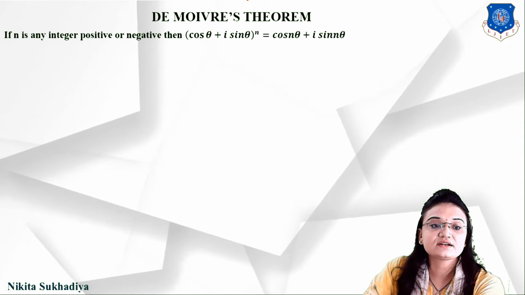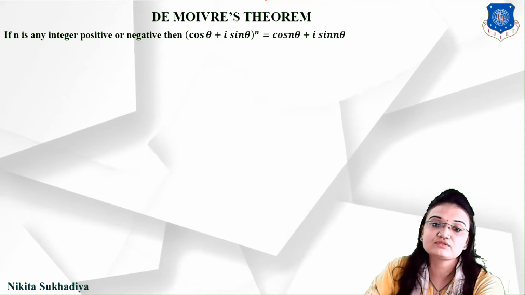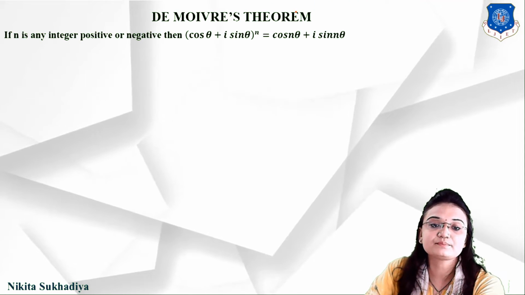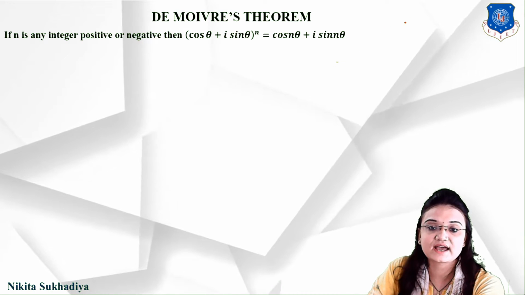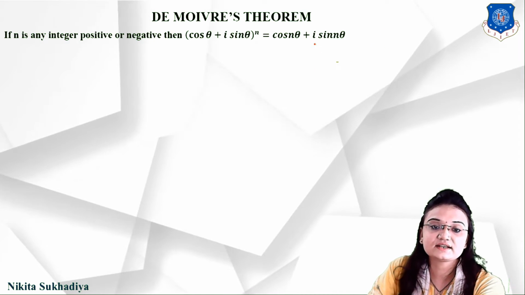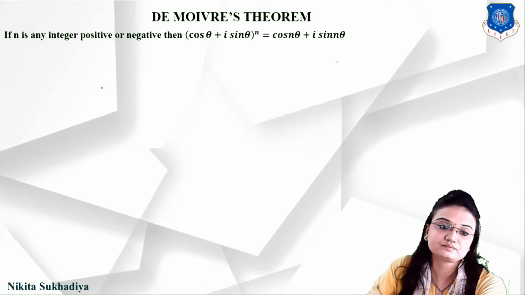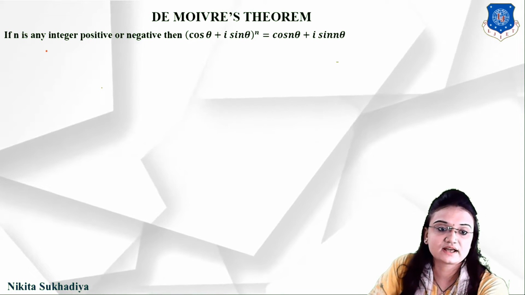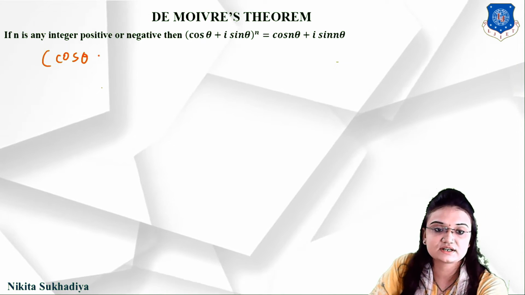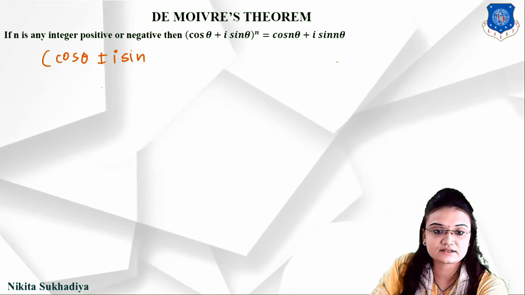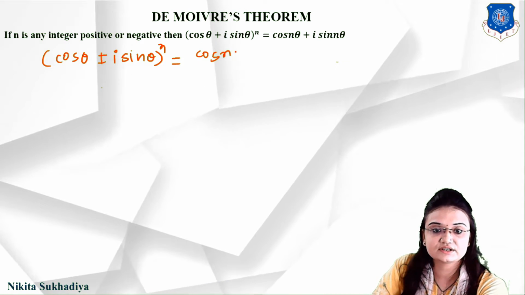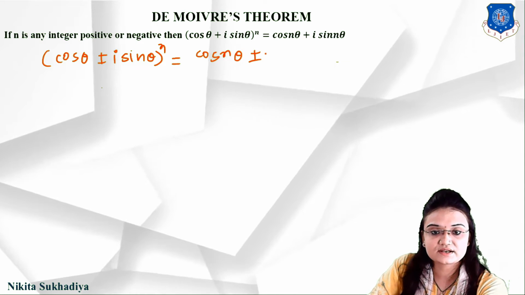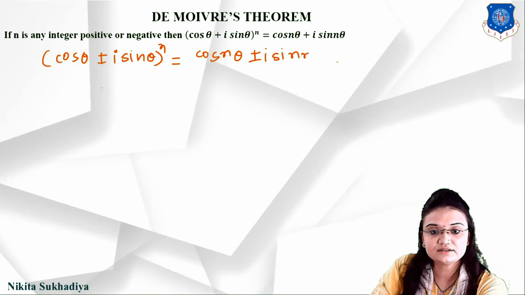Okay, so if n is an integer, positive or negative, then (cos theta plus i sin theta) raised to n is equal to cos n theta plus i sin n theta. In other words, we can say that (cos theta plus or minus i sin theta) raised to n is equal to cos n theta plus or minus i sin n theta.